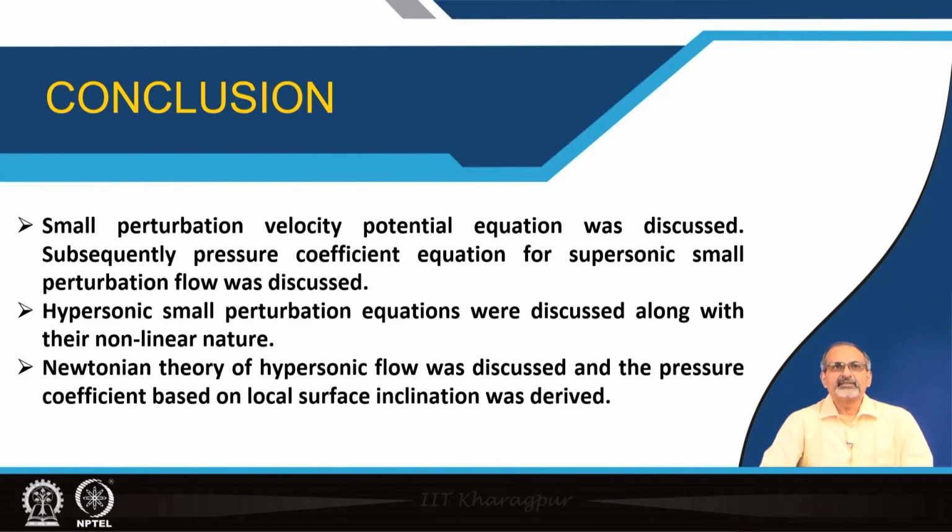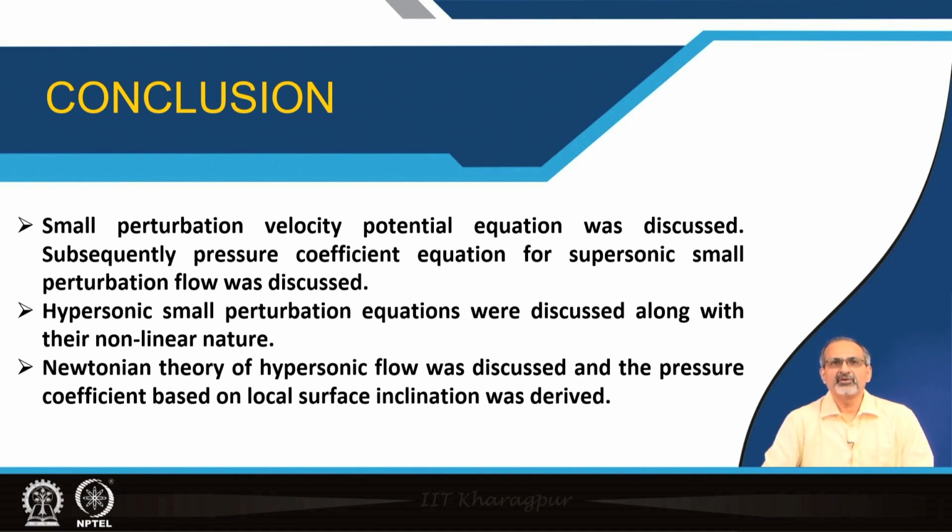We conclude this lecture by saying that the small perturbation velocity potential equation was discussed in this lecture. Subsequently, the pressure coefficient equation for supersonic small perturbation flow was discussed. Hypersonic small perturbation equations were discussed without any detailed derivation. Also, we talked about the nonlinear nature of such equations compared with the linear nature of small perturbation equations in the supersonic regime.